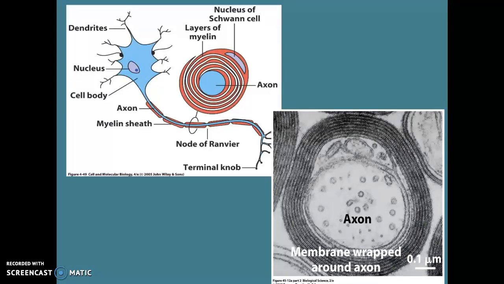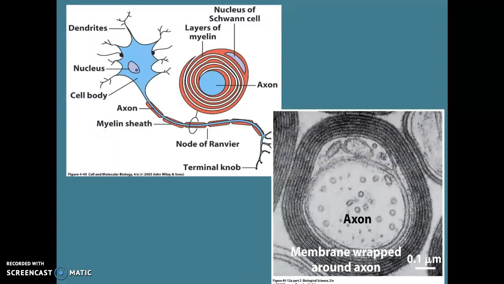We couldn't just rely on the wave of depolarization per se to do neuronal signaling, because it wouldn't be fast enough. Plus, there's a chance that we could get some amount of shorting out from one neuron to the next.